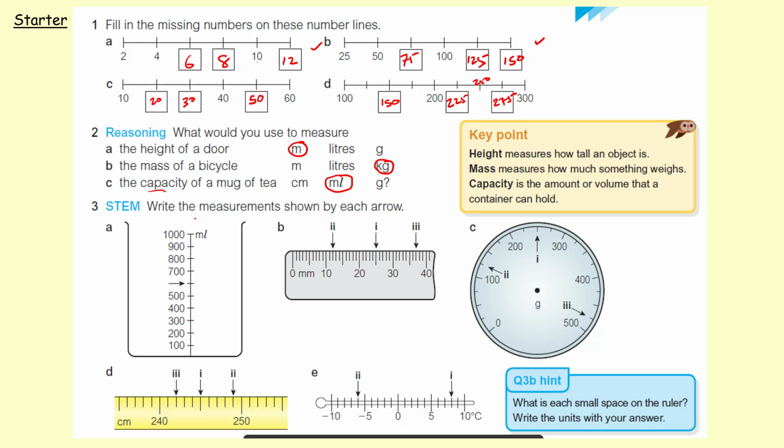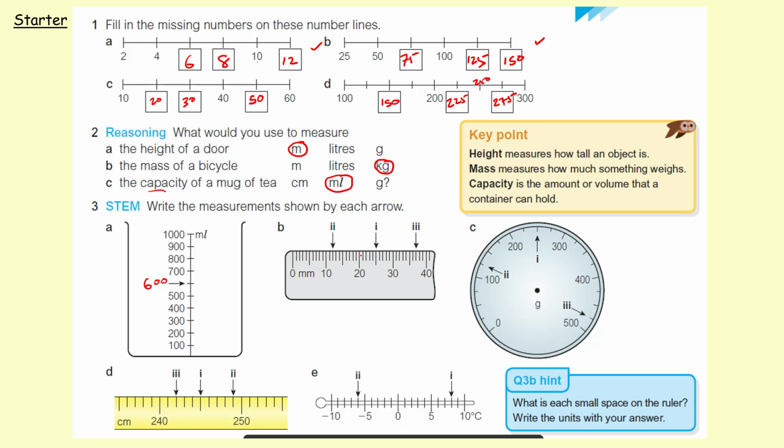Okay, 3. Write the measurements shown below by each arrow. This first one here, that's not too difficult to spot. It's going up in 100, so we got 600 here. For B, I'm going to have to get my glasses on to make sure I get these divisions right.